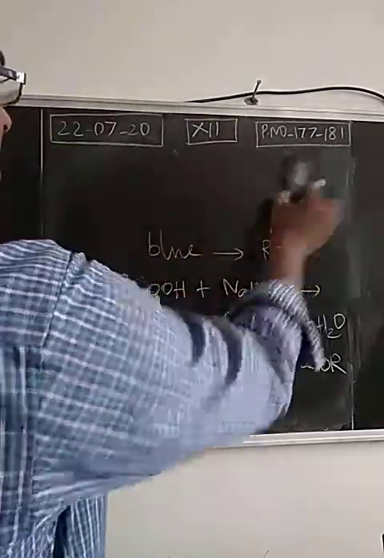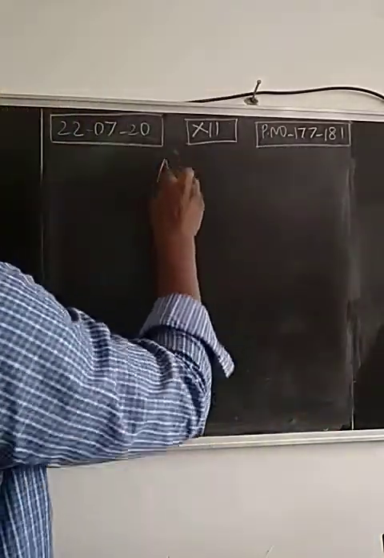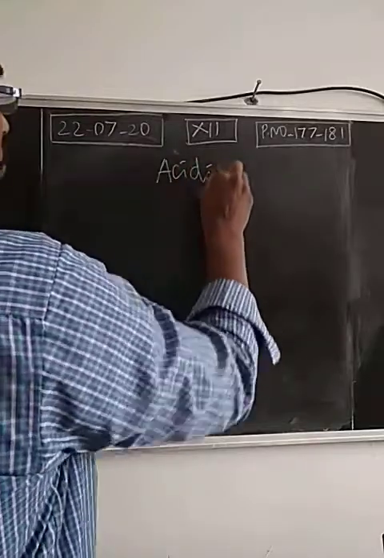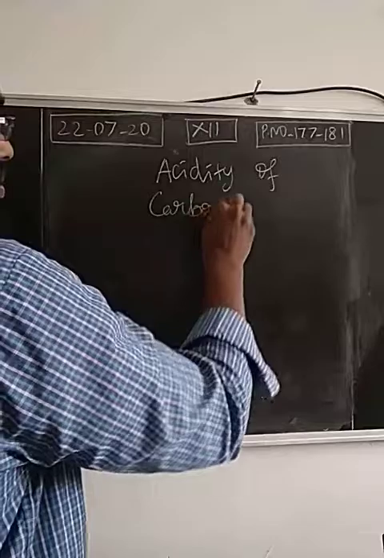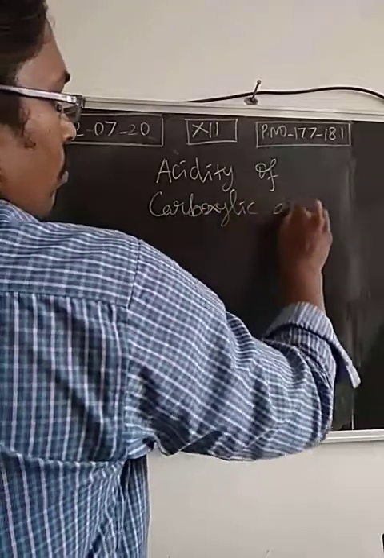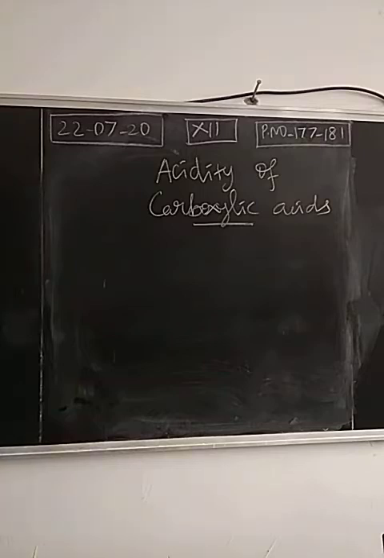Next, acidity of carboxylic acids. In the ionic equilibrium lesson, we studied different concepts of acids and bases, like the Arrhenius concept, the Lowry-Bronsted theory and the Lewis theory.